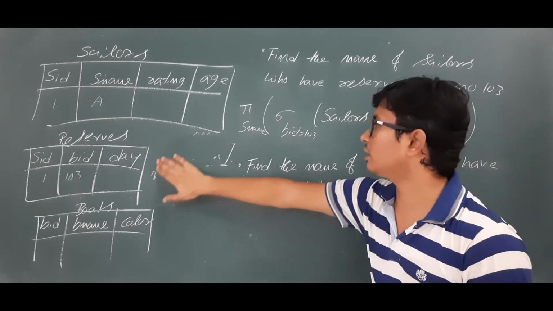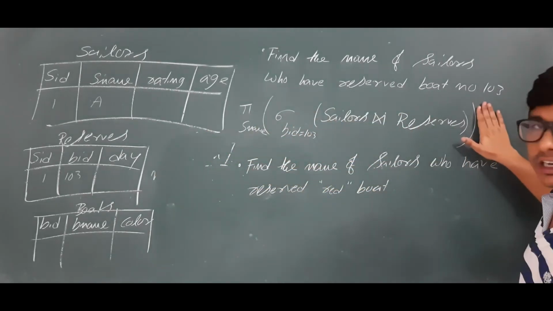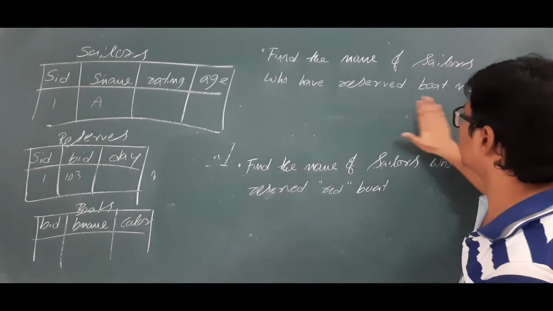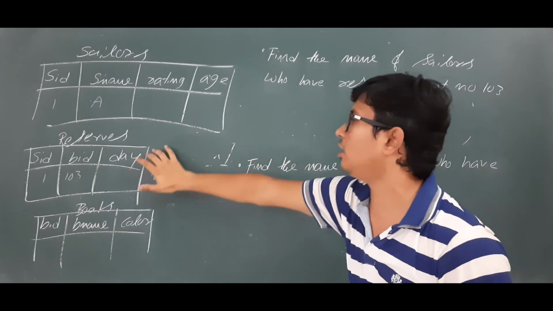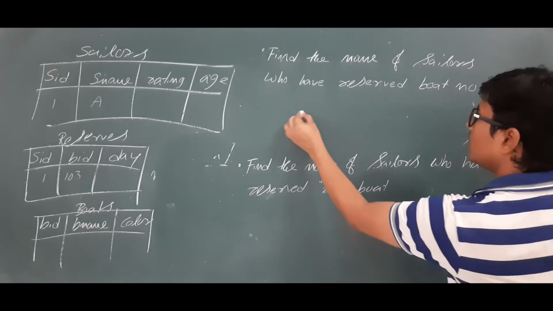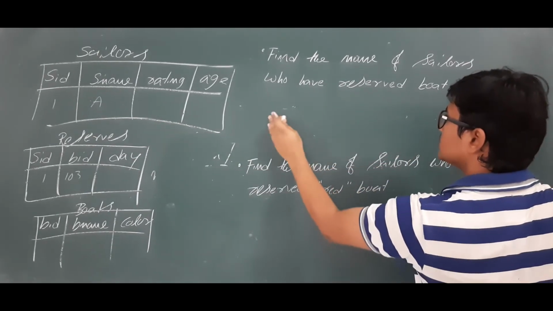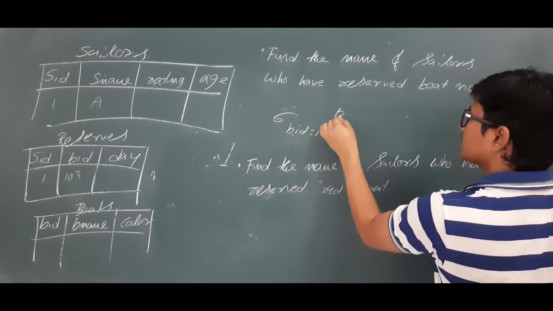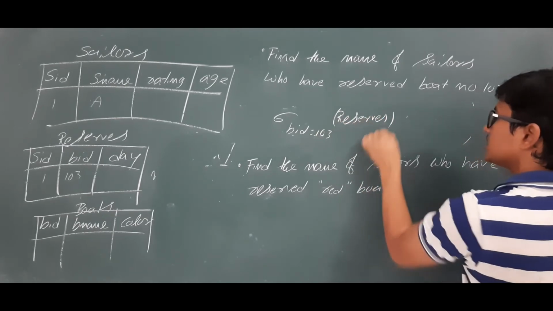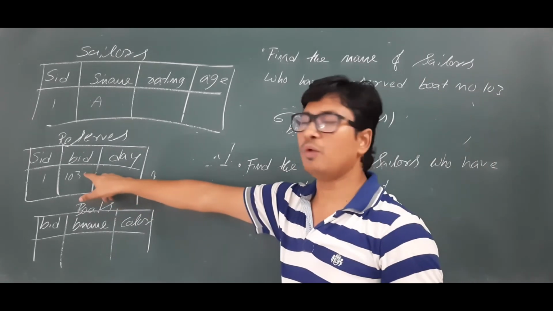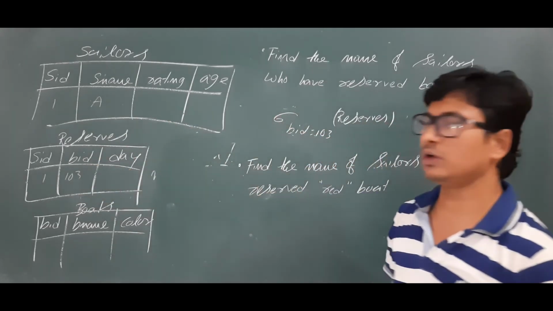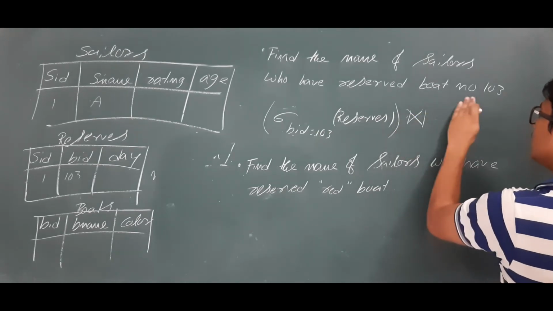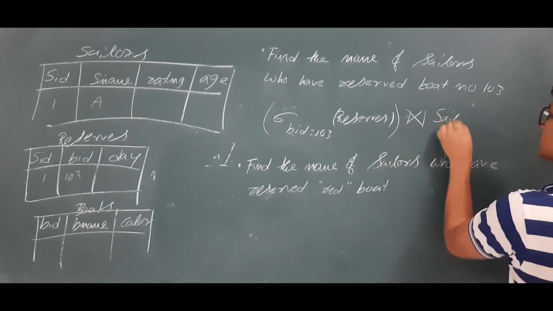To avoid that, let me write an efficient query for this. Why should I apply the natural join between all the tuples here and all the tuples here? First, let me select the tuples which satisfy the condition boat ID is equal to 103 from the reserves table. With those tuples, I am applying the natural join with the sailors.